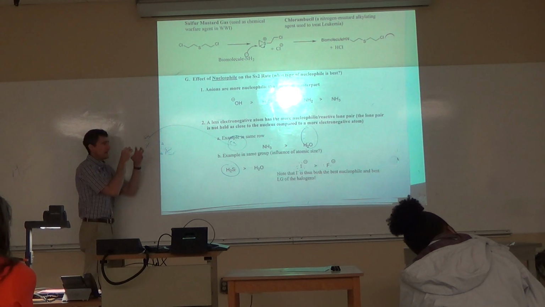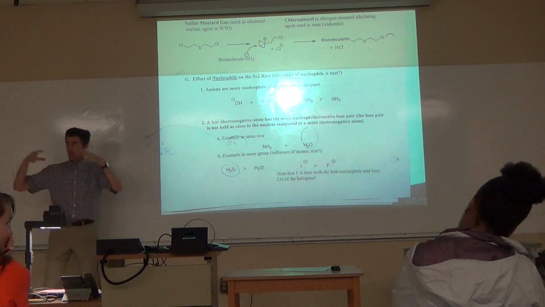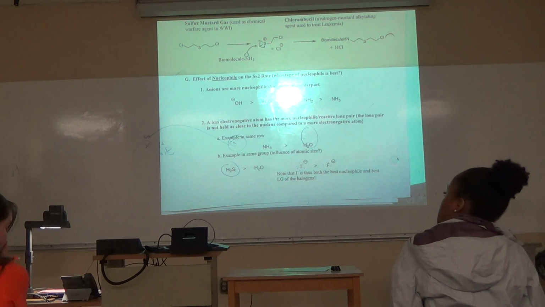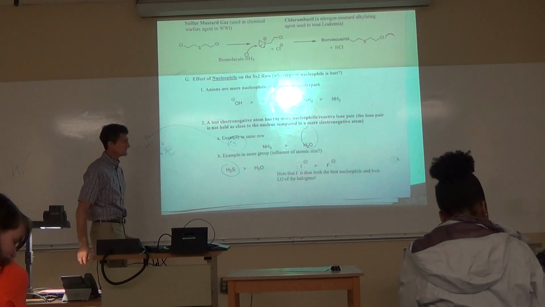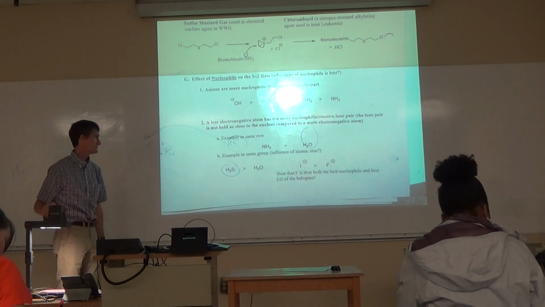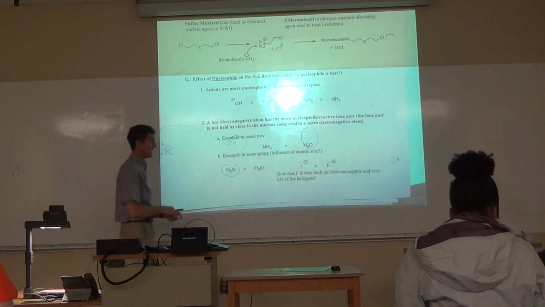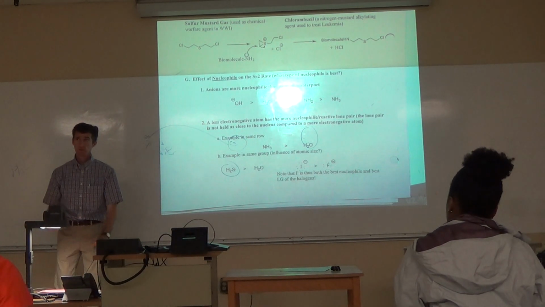But with the I, the electrons can do a little bit more. Wow, the reaction just happened. The more the electrons are out there, the more they can be perturbed and moved and directed. That's another kind of reason. I minus is actually a pretty good nucleophile. F minus is pretty lousy. Note that I minus is thus both the best nucleophile and the best leaving group of the halogens.